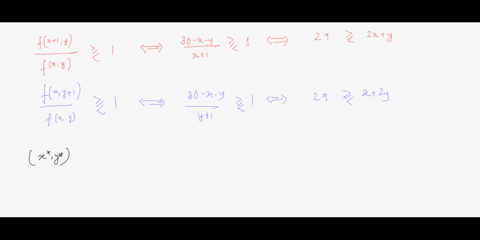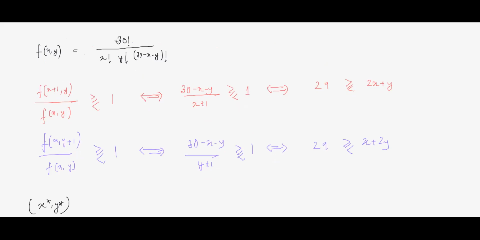Therefore the maximum must happen either at 2x plus y equal to 28, just before that point, or just after that point, 30, because 2x plus y may not be exactly 29, it may just be 28 or 30, one below or one after. Similarly for the other.